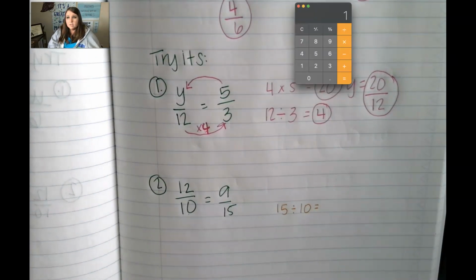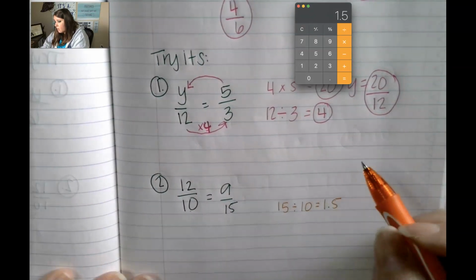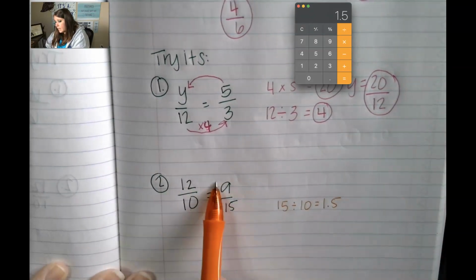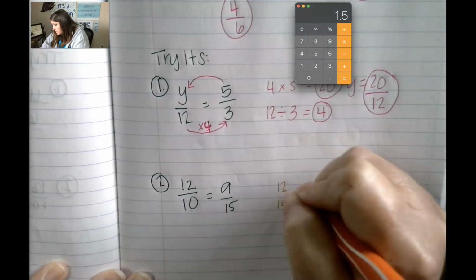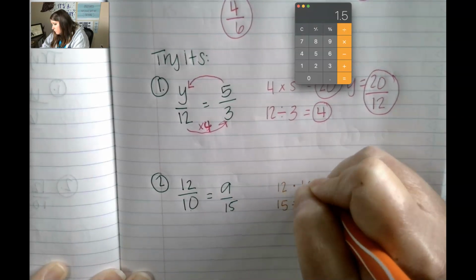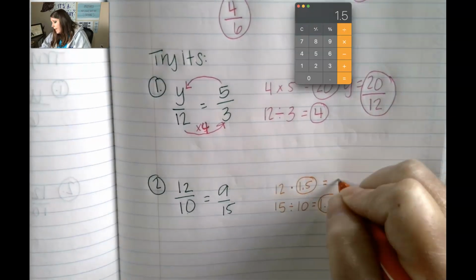So 15 divided by 10 gives me 1.5. So now I can multiply times 1.5 here. So 12 times 1.5 is going to give me letter A.